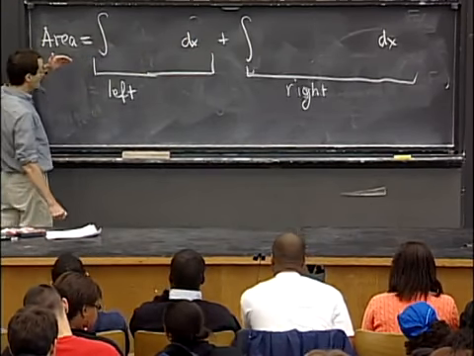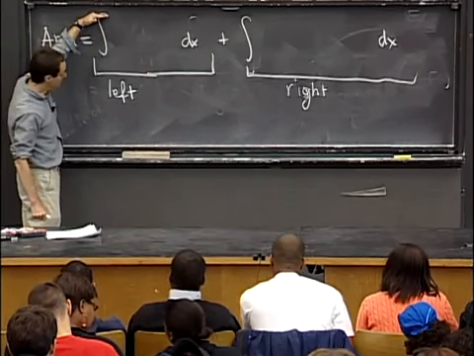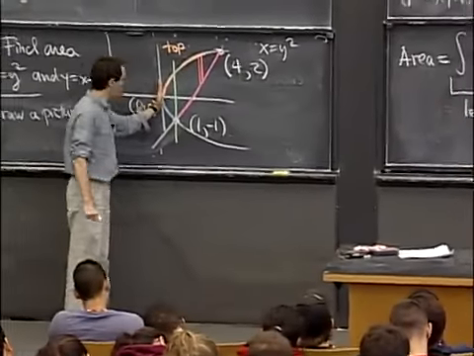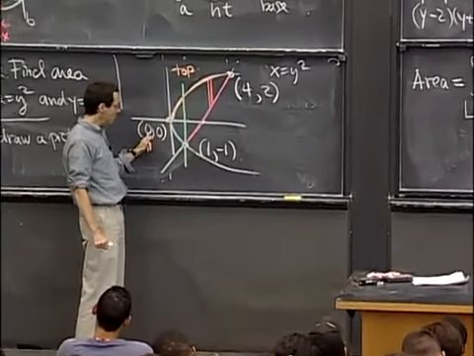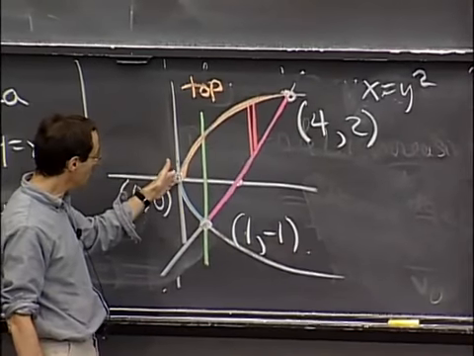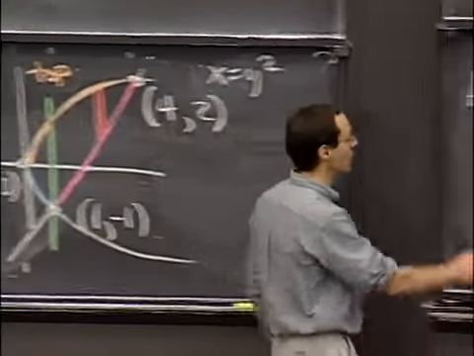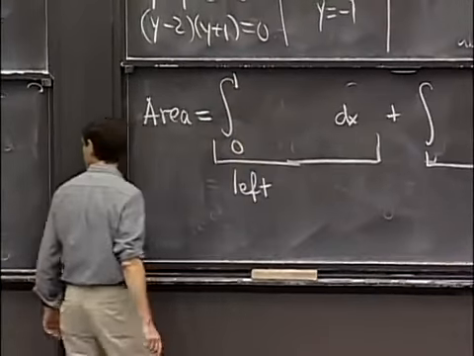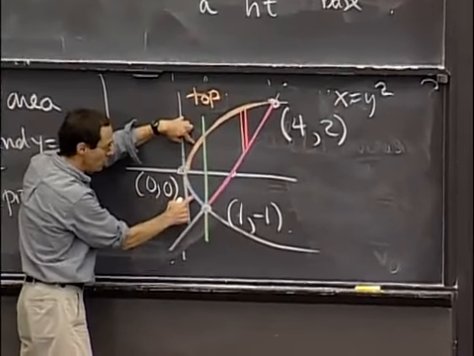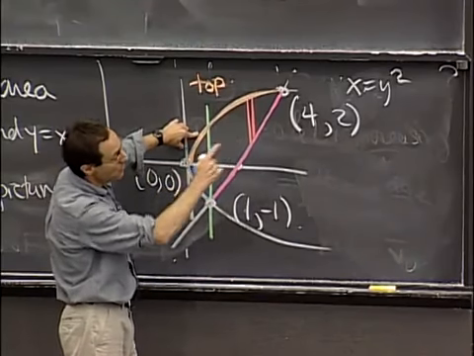Now, I need to figure out the starting place and the ending place. So the starting place is the leftmost place. The leftmost place is over here, and x is equal to 0 there. So we're going to travel from this vertical line to the green line over here, and that's from 0 to 1. And the difference between the orange curve and the blue curve is what I call top and bottom left over there.